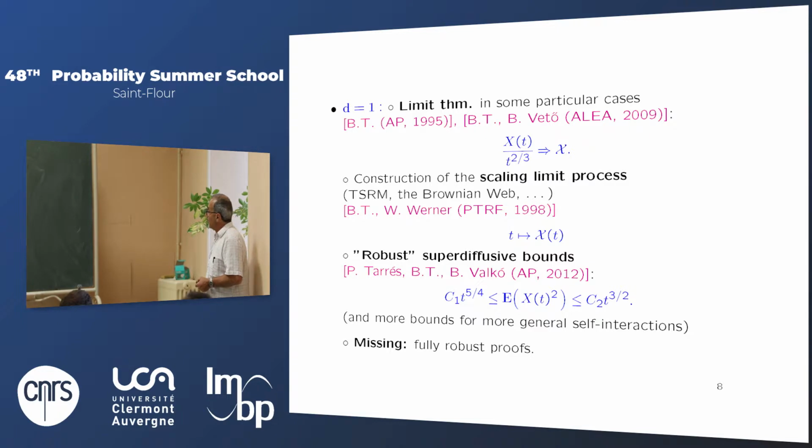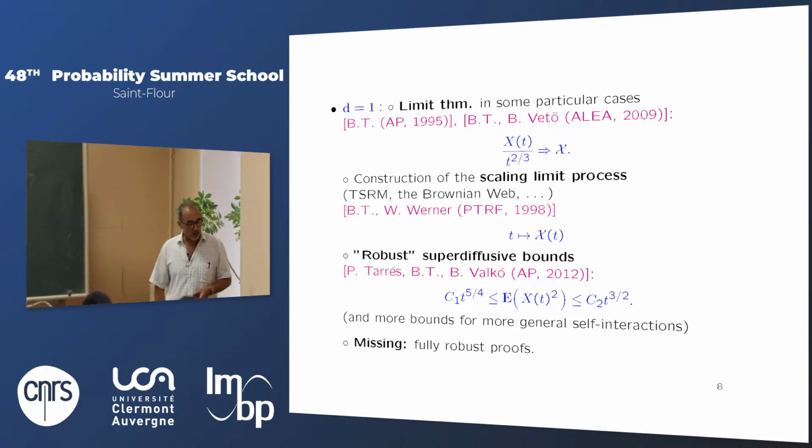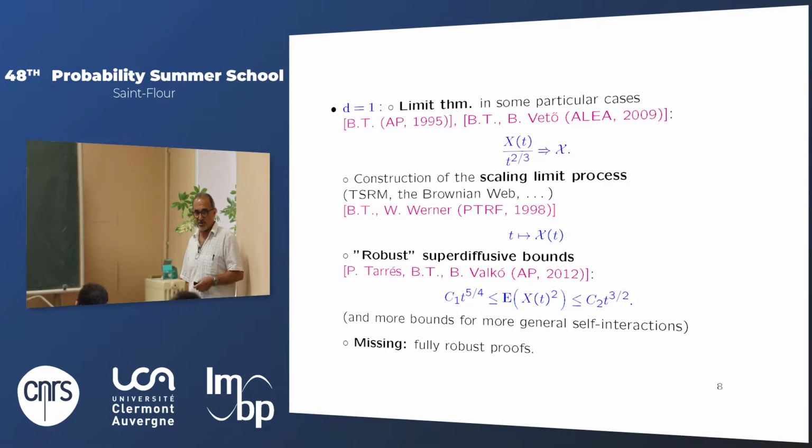Sometime later, not much later, about the same years, we started to work with Wendelin Werner on what the limiting process would be. From my paper, the one-dimensional marginal, so the limit theorem, dropped out, and with some more work with the same method as in that paper, the finite dimensional marginals drop out.